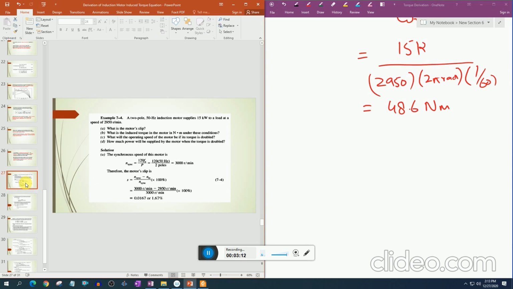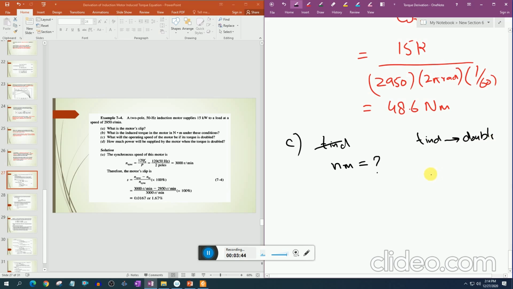Part C is: what will be the operating speed of the motor if its torque is doubled? What will be the nm if torque induced becomes double?